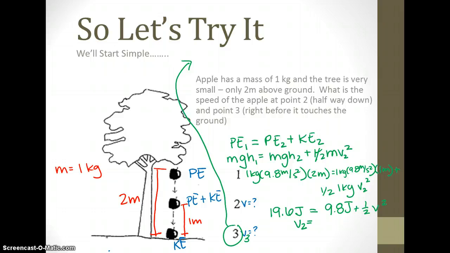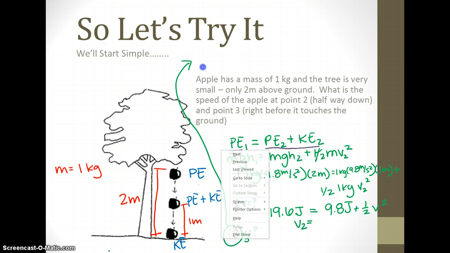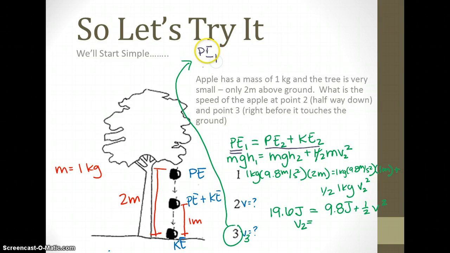Now, we could use at this time either whatever our potential energy at point 1 was, or our potential energy plus kinetic energy at point 2 was. Since it's easiest just to think about one number, I'm going to say that my potential energy at point 1 is going to equal my kinetic energy at point 3. Now remember, at point 3, there's no potential energy because it doesn't have any height.